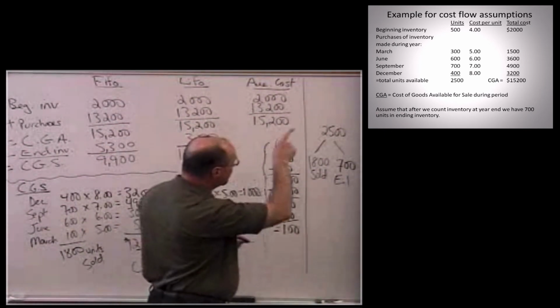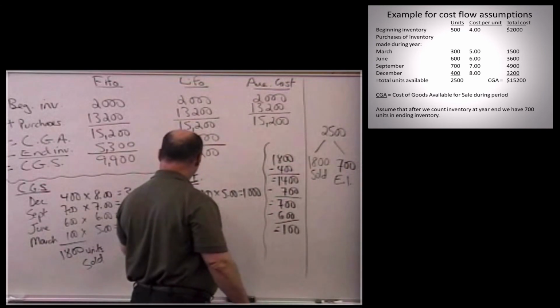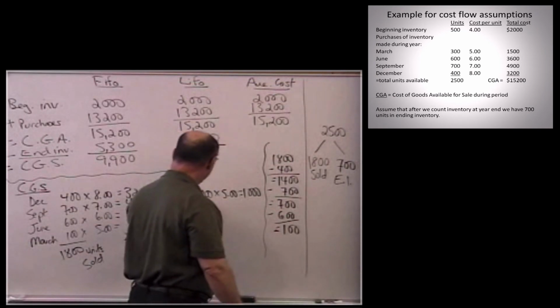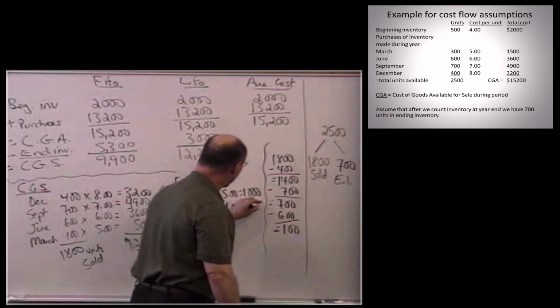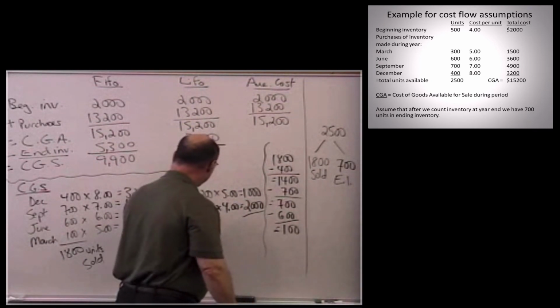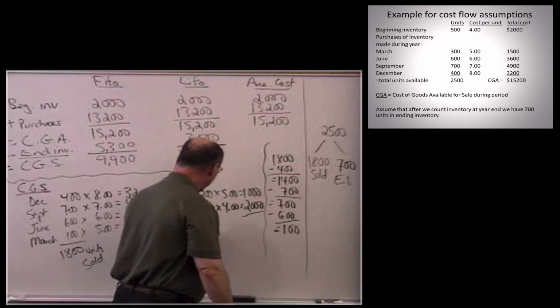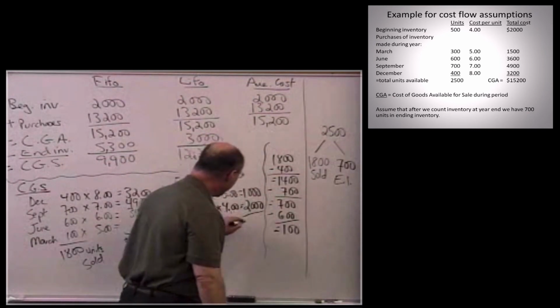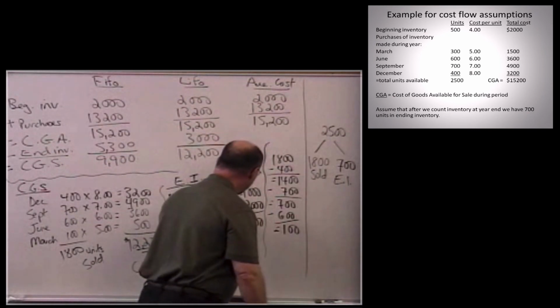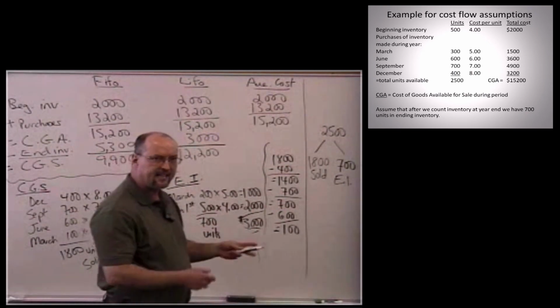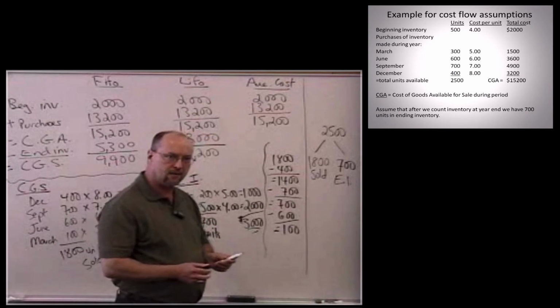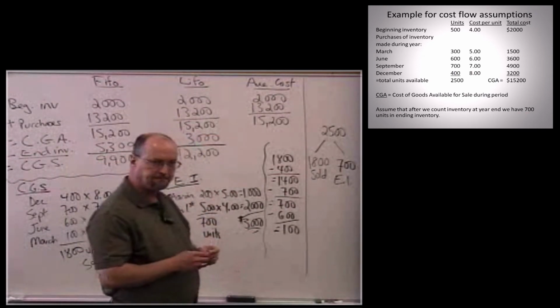Okay? And my January beginning inventory, from January 1st, I had 500 units that I paid $4 each. That's $2,000. There is my 700 units in ending inventory, valued at $3,000. So we just proved ending inventory is in fact $3,000 under LIFO.